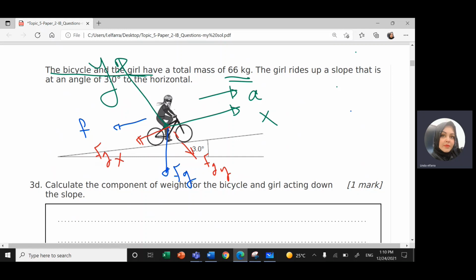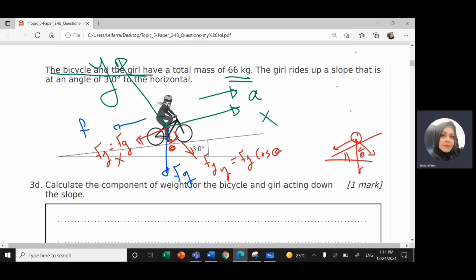This angle here is the same always as this angle. Always in y direction, it's cosine. So this one, it's Fg cosine the angle. X direction, it will be sine Fg always for any inclined surface. If you have the angle here and the weight down, this angle is the same as this angle.